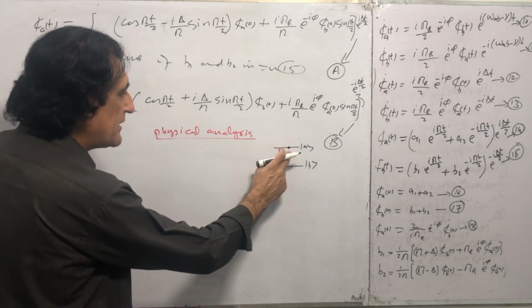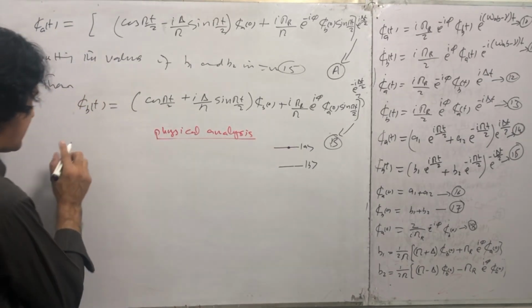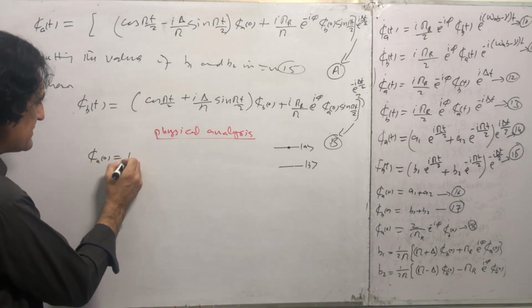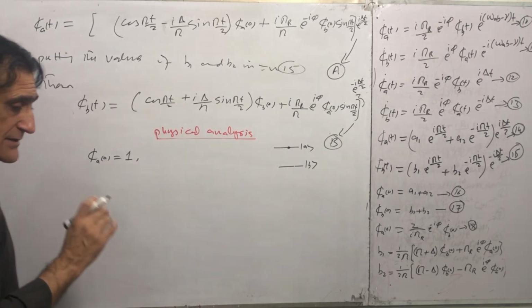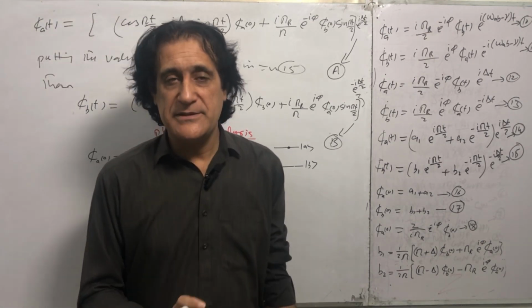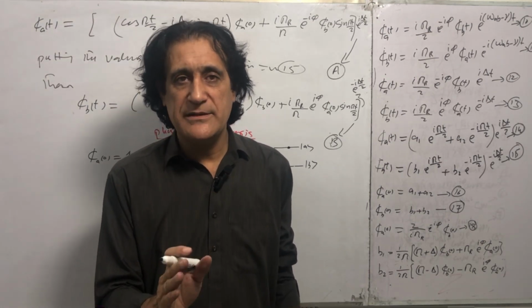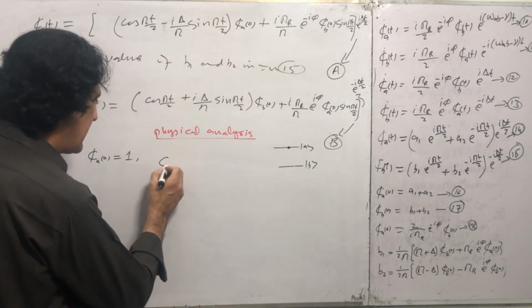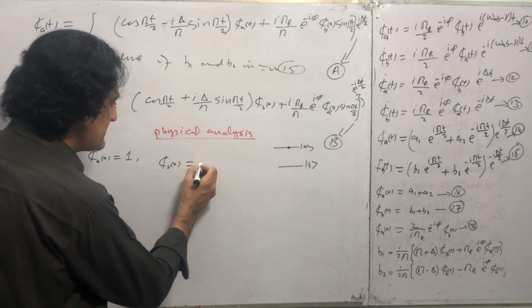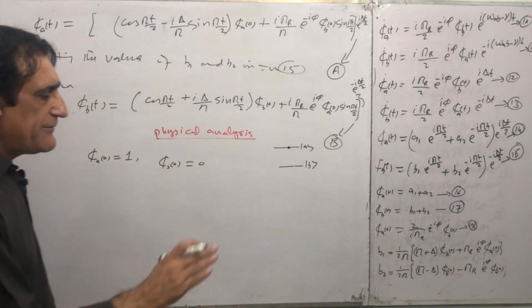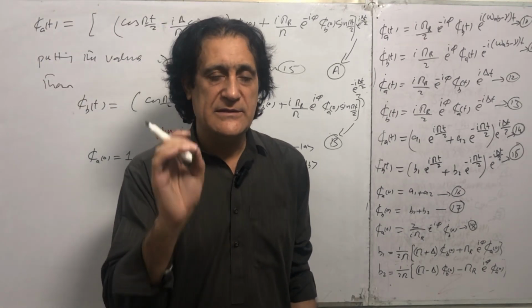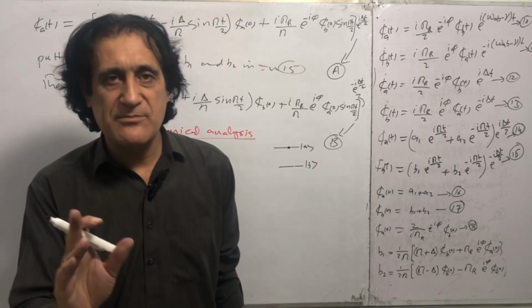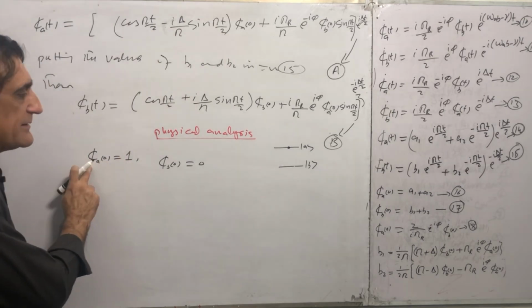If the electron is in state A, it means that initially C_A(0) is equal to 1, because the maximum probability is in state A, and C_B(0) is equal to 0, because we have defined that the atom is initially in the excited state. So the maximum probability will be equal to 1 in the excited state.